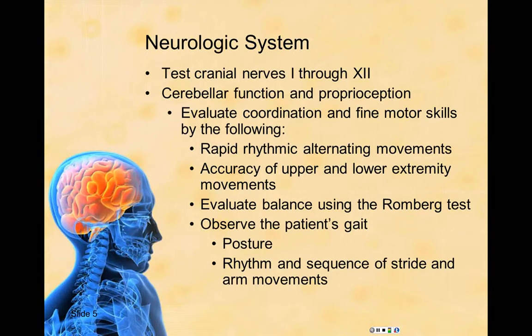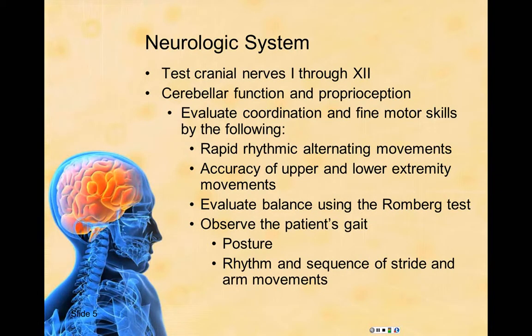We're going to evaluate their sense of balance, and actually it's more than sense of balance, because the Romberg test is used to determine if the patient knows where they are in space, their position sense, more than it is just balance. So I want to clarify that Romberg is to evaluate a patient's proprioception and sense of where they are in space and not just balance.